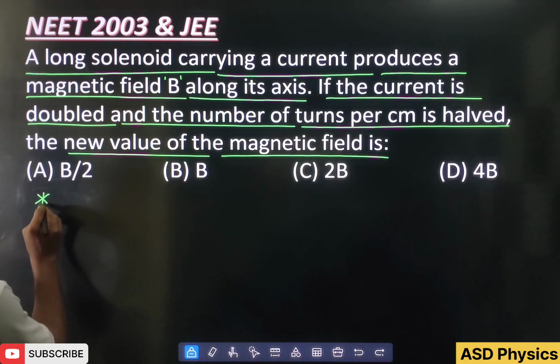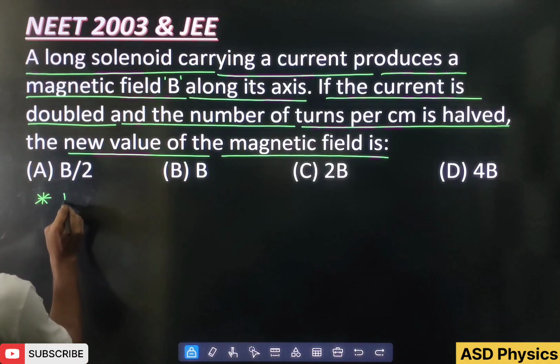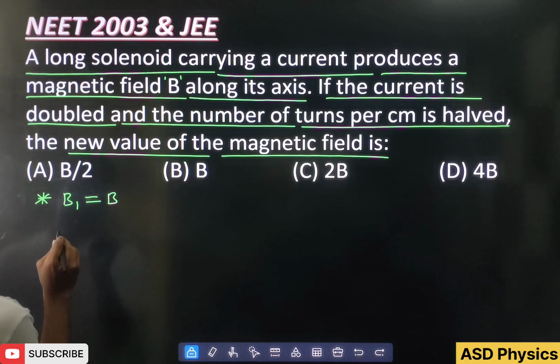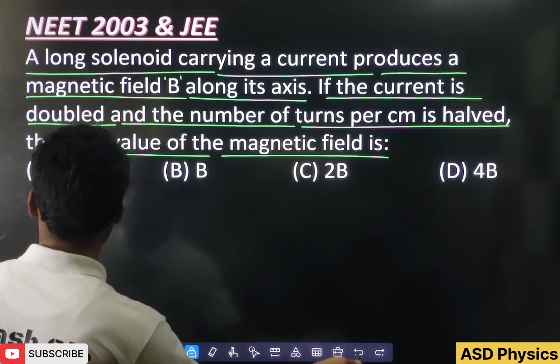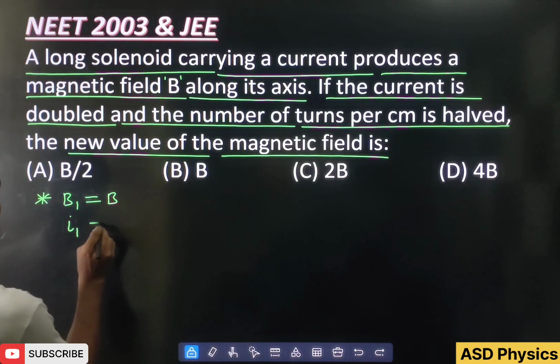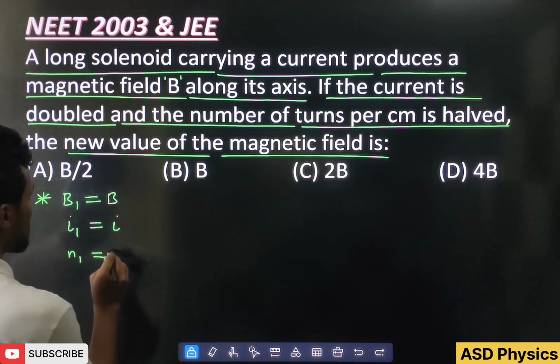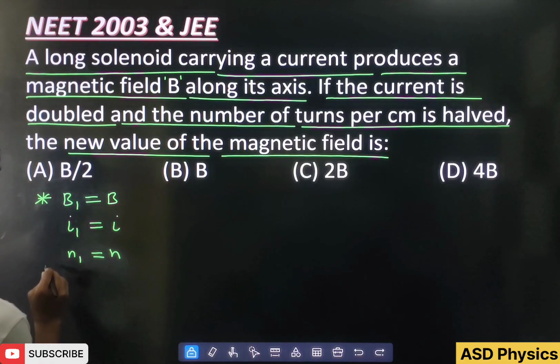So initially, the initial magnetic field is given as B. Let's take the initial current as I, so I1 is I, and the number of turns per centimeter, let's take N. This is the scenario.